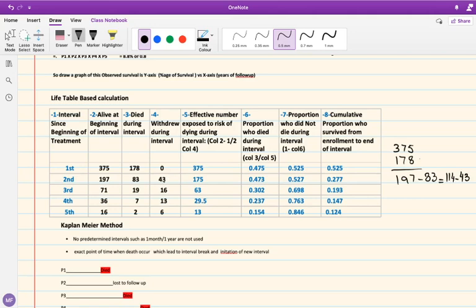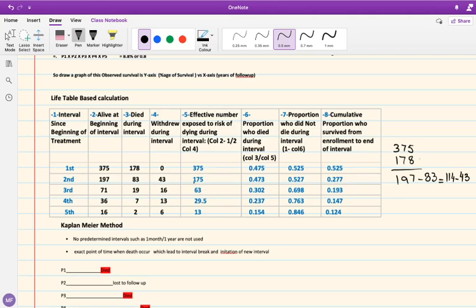So we assume that the people who have withdrawn from the study may have remained alive for half a year, and may have remained dead for the rest of the time period. This is just a means to account for follow-up time. So the calculations made are presented over here.